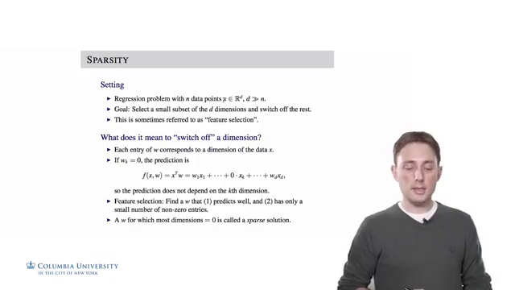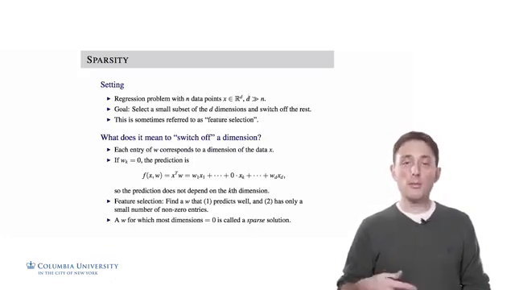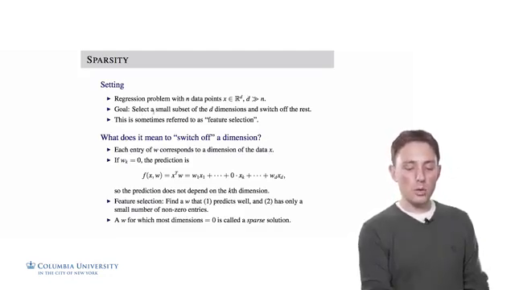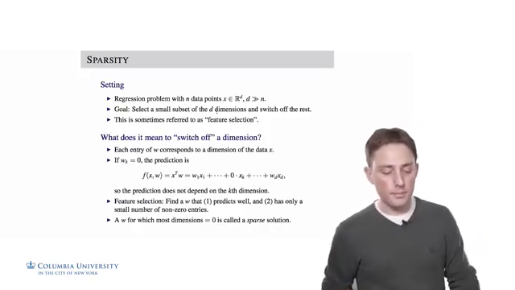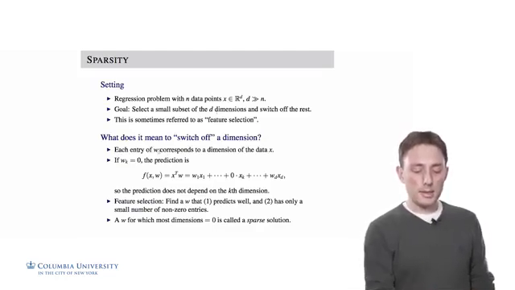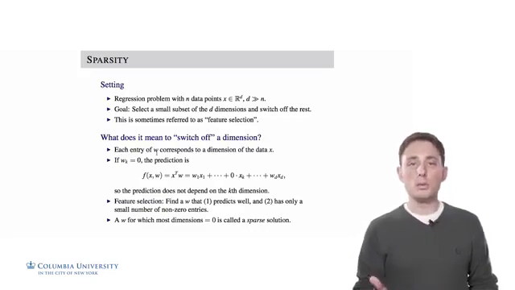Each x is in R^d, and d is much greater than n, so we have many more dimensions than we have observations. And our goal is to select a small subset of the d dimensions and then switch off the rest. And what it means to switch off a dimension is that we essentially want to make values in w equal to 0.